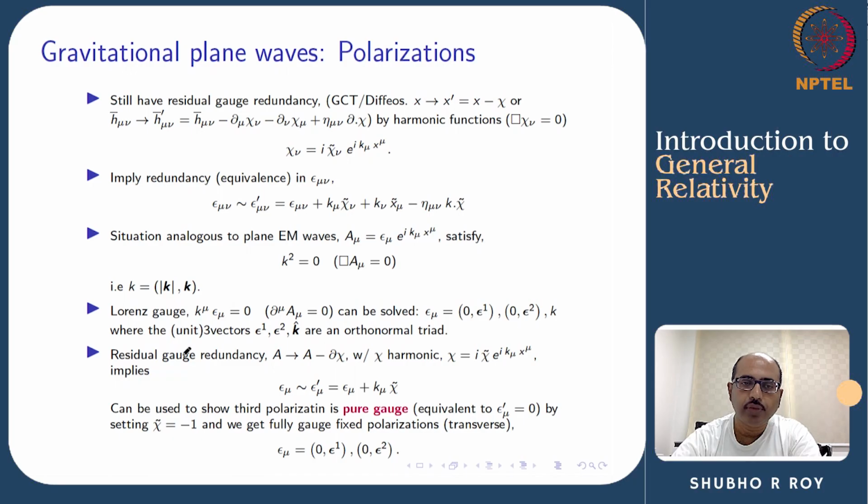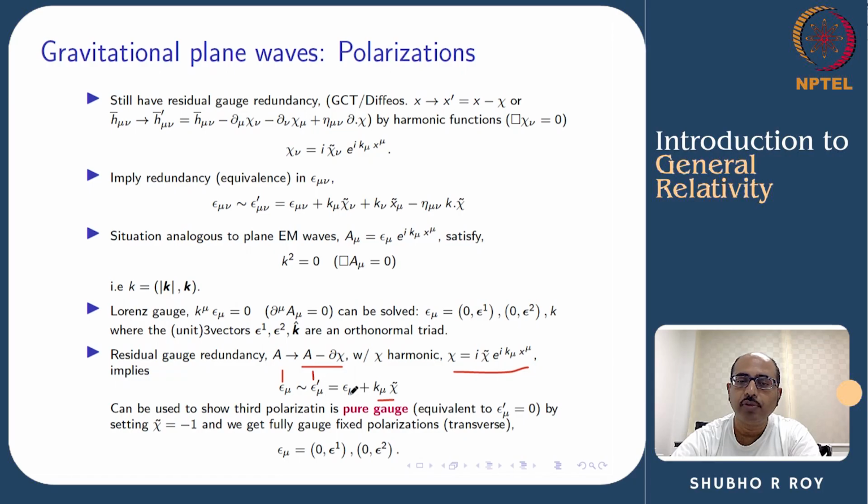Now, as I mentioned, we have residual gauge redundancy by harmonic functions. So A can be changed by the gradient of a harmonic function. And that means that two polarization vectors which differ by a multiple of k are the same physical electromagnetic wave.